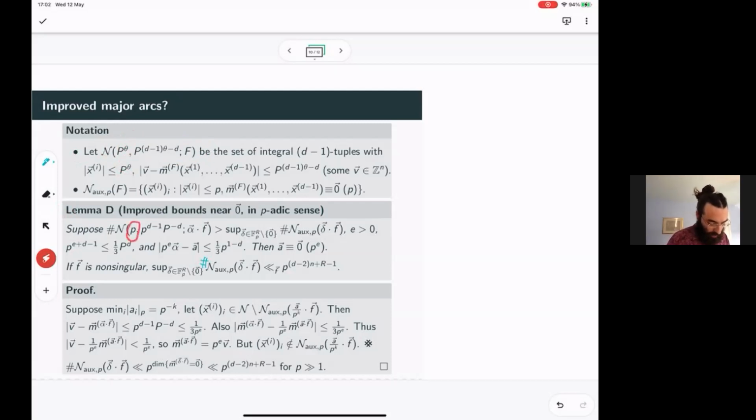We have to take P to the theta to be a prime little p. So we get to choose the size of our prime little p. Little p is still a parameter, but we don't get to choose any real P to the theta. It makes most sense to choose a prime little p. Okay, and we also have this new parameter e.